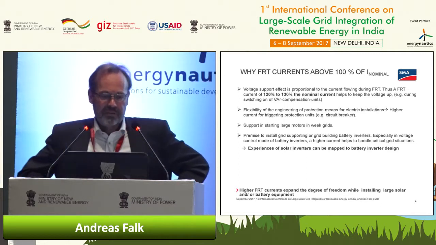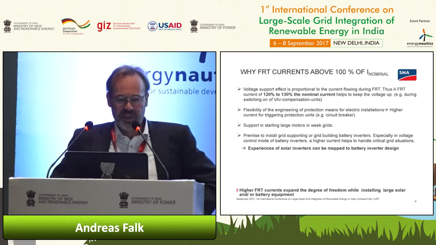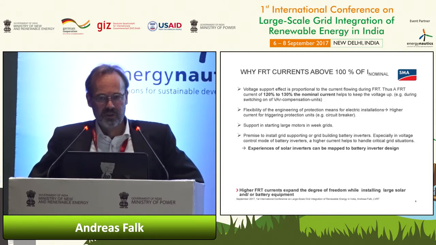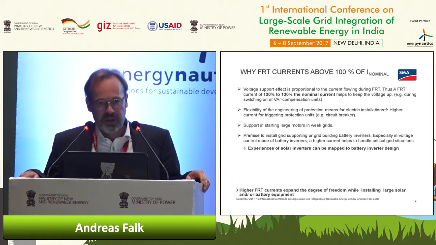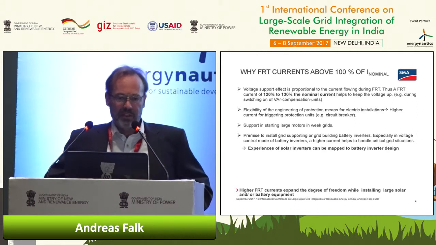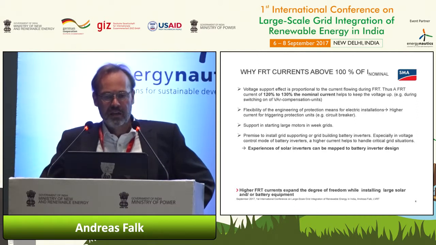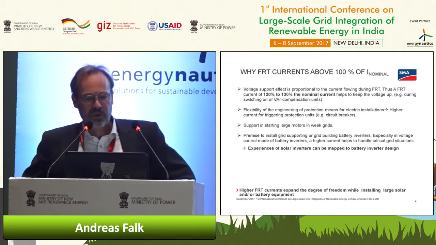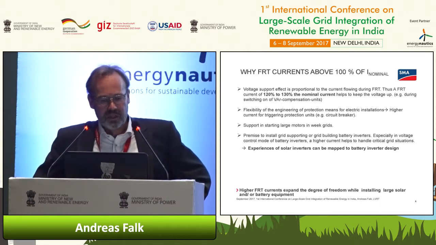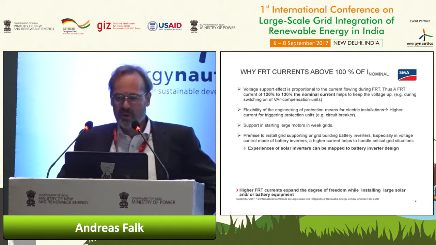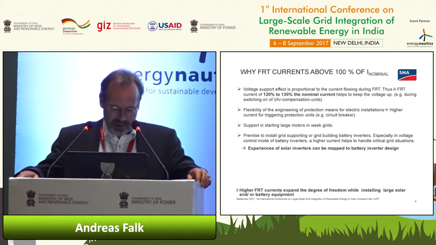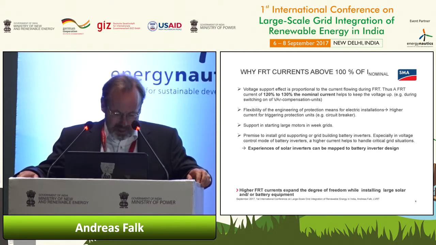Then you have extra reserve for starting large motors in weak grids, or in case you switch on FACTS devices in the grid. The high FRT current is the premise in case you install batteries in relatively small grids, or in case the grids are dominated by batteries.